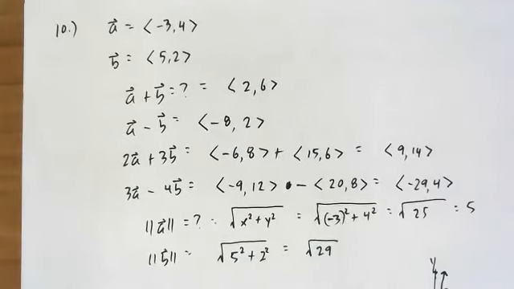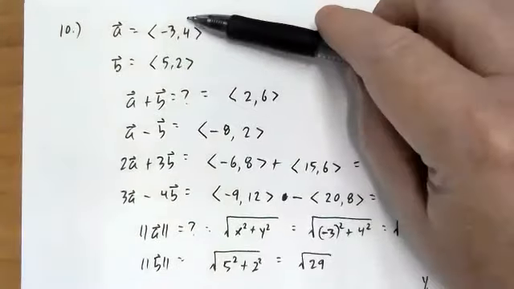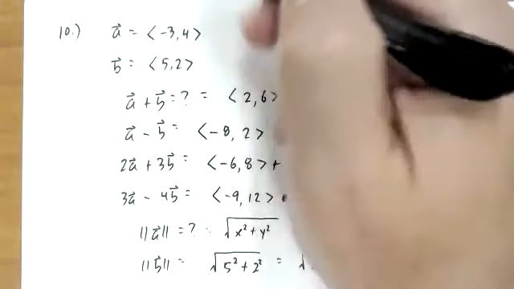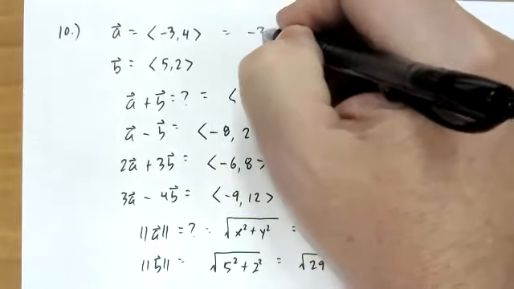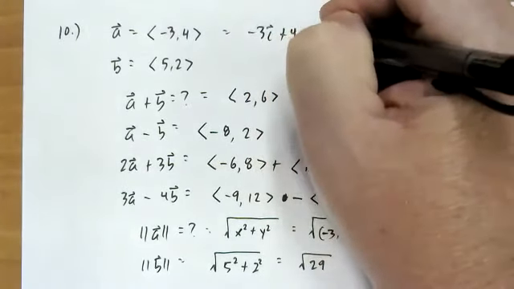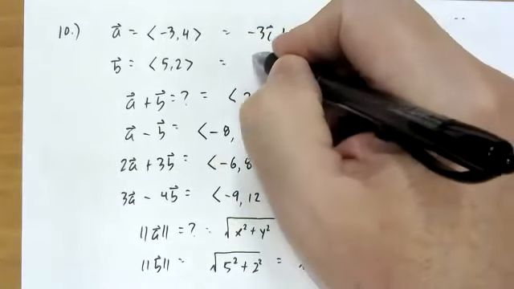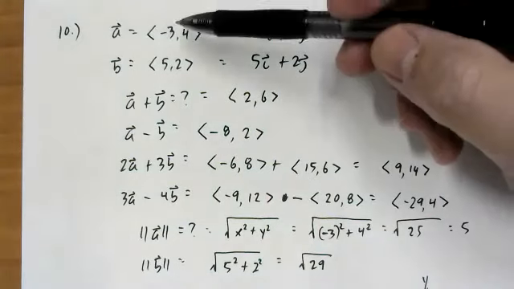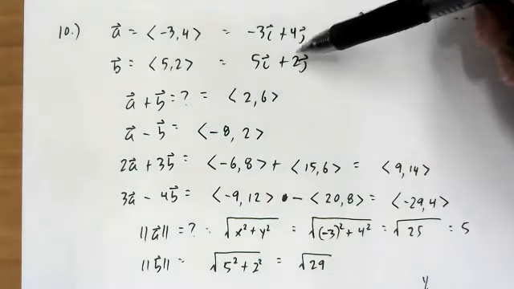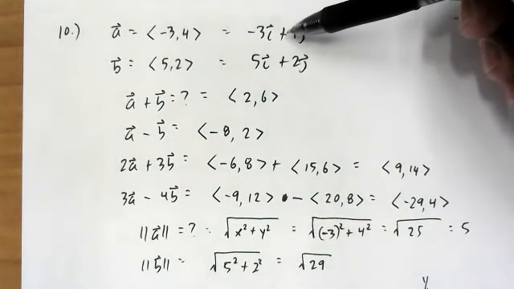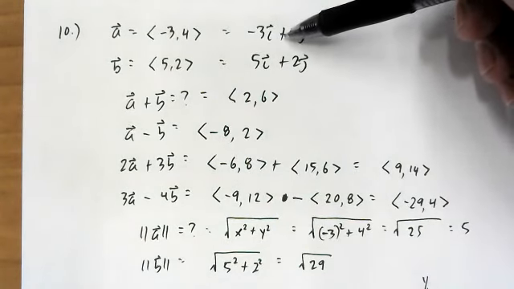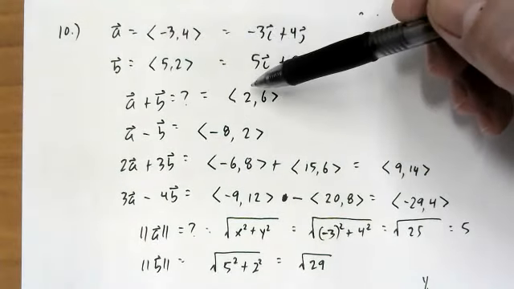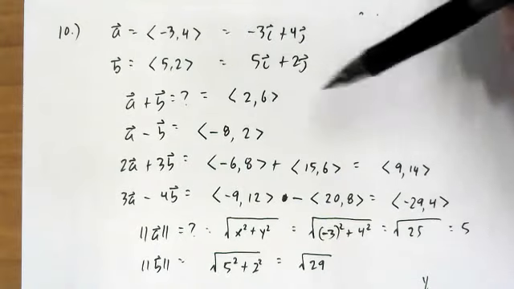They gave me two vectors in this form, which is really just the same as IJ, right? When the vectors are in IJ form, we can add vectors together very easily. If I want to add them together, negative 3 plus 5 is 2, 4 plus 2 is 6.